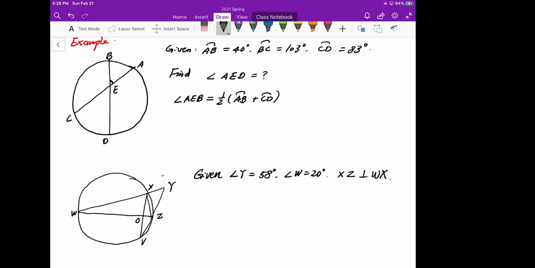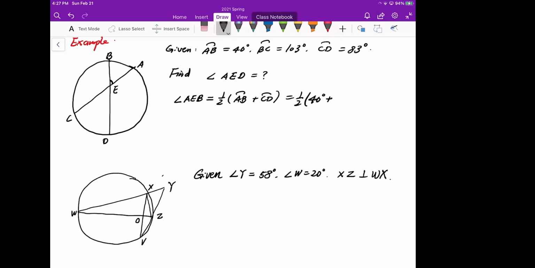Oh, I think someone's made a mistake here. E is not necessarily the center. E can be anything, any point. So the angle of AEB is just half of the sum of AB plus CD.